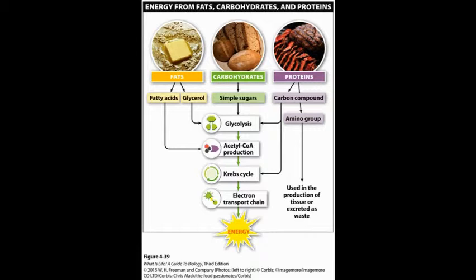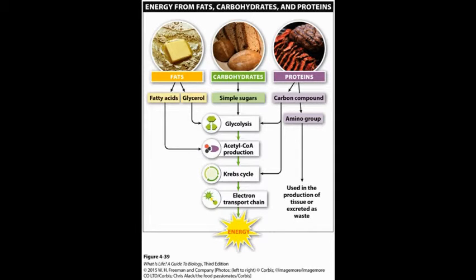Dietary lipids are broken down into their two constituent parts, which is a glycerol molecule and fatty acids. The glycerol is chemically modified into one of the molecules produced during glycolysis. It enters the glycolysis pathway at that step and is broken down to yield energy. The fatty acids, meanwhile, are chemically modified into acetyl-CoA, at which point they enter the Krebs cycle.